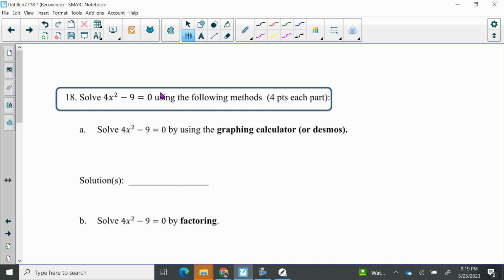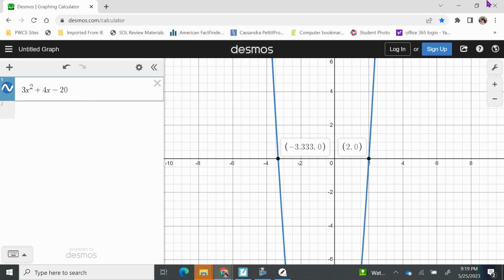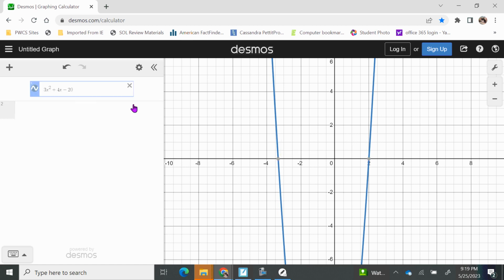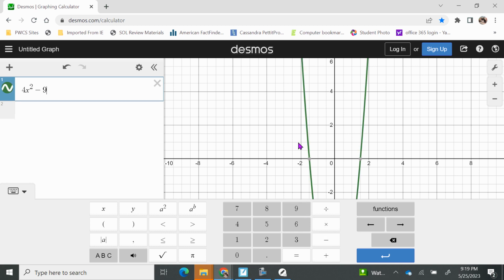All right. So we're going to use 4x squared minus 9 using the following methods. So first thing we're going to do is use the graphing calculator or Desmos. Let's do Desmos first, 4x squared minus 9. So here's the thing, guys.